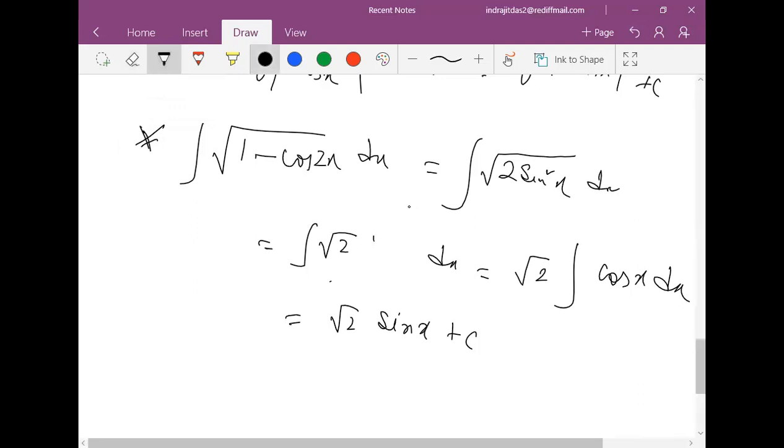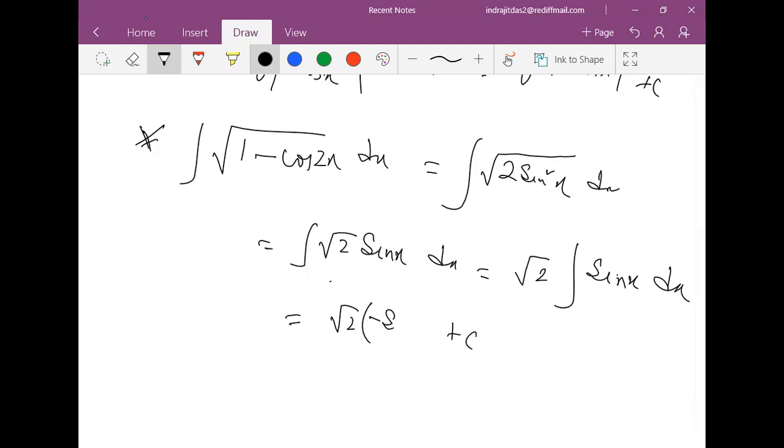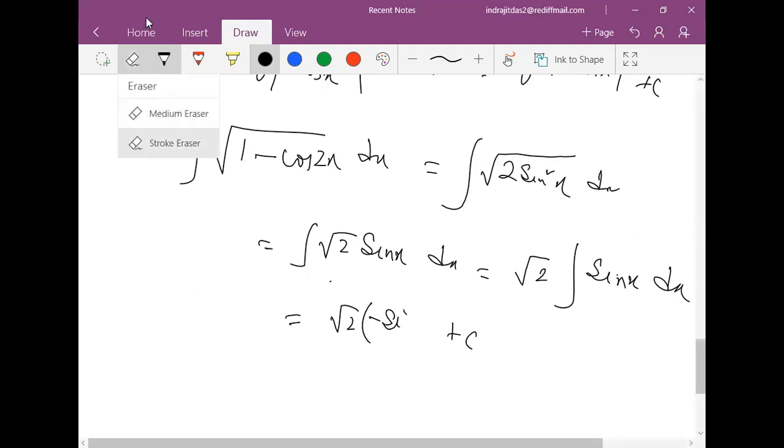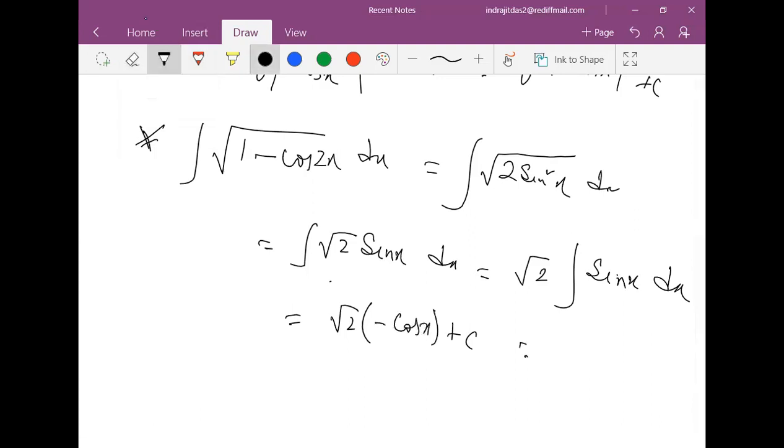So root 2 sin x, and the integral will be not sin x, the answer will be minus cos x. So root 2 into minus cos x means minus root 2 cos x plus c.